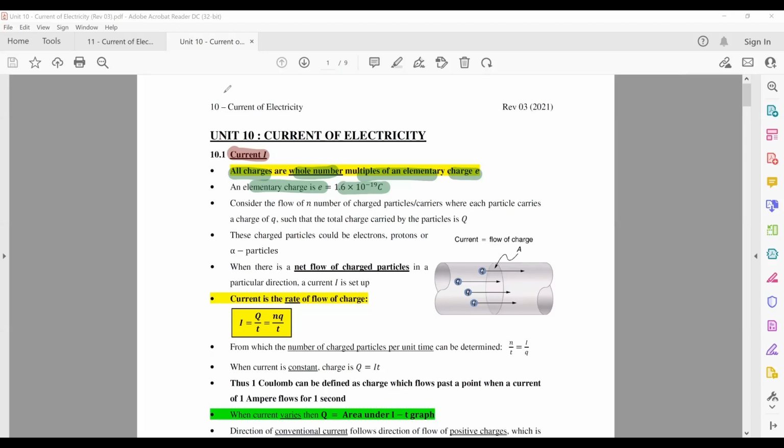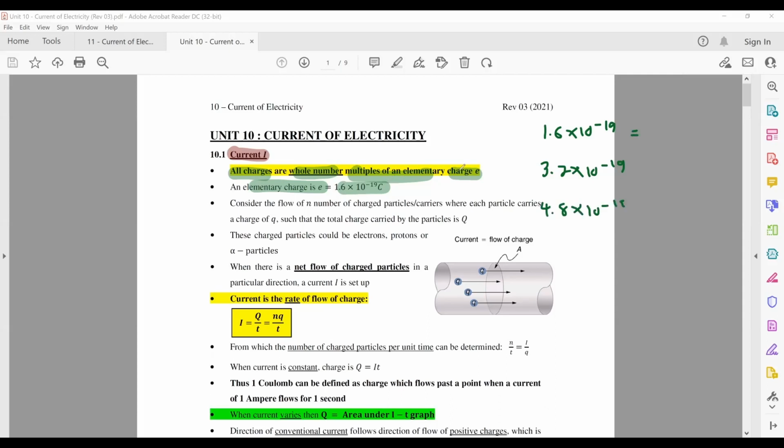All charges that you see occurring naturally will always be whole number multiples of an elementary charge. What it means is something like this. Your charge could be, say, 1.6 times 10 power minus 19, or 3.2 times 10 power minus 19, or 4.8 times 10 power minus 19.